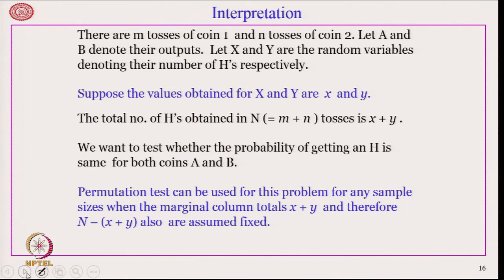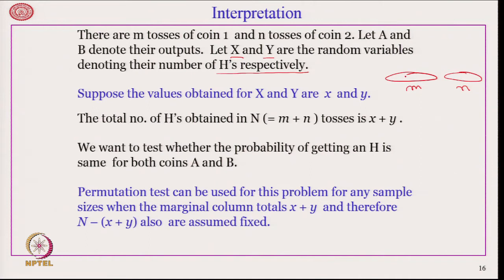So, suppose there are m tosses of coin 1 and n tosses of coin 2. Let A and B denote their outputs. Let x and y be the random variables denoting the number of heads respectively. So, suppose there are m tosses here and n tosses here.